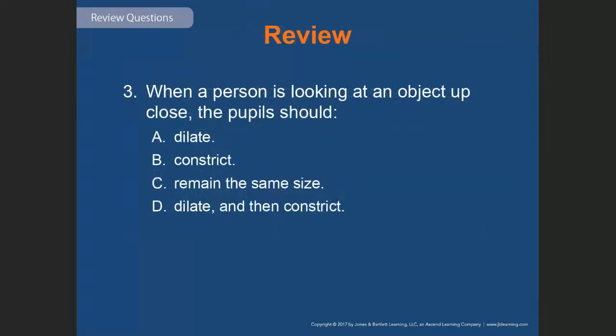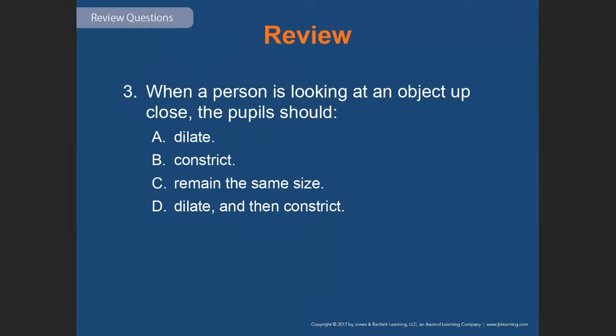Number 3. When a person is looking at an object close, so when an object goes close to the eye, does it constrict or dilate? Work out the maths now. When you bring an object close to the eye, do the pupils constrict or do the pupils dilate?